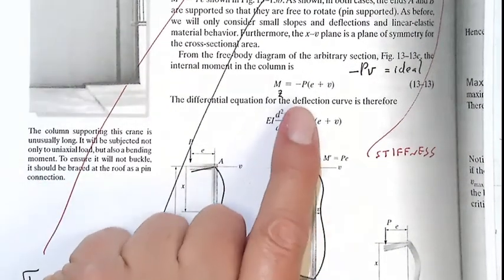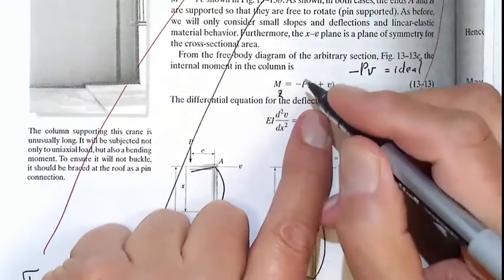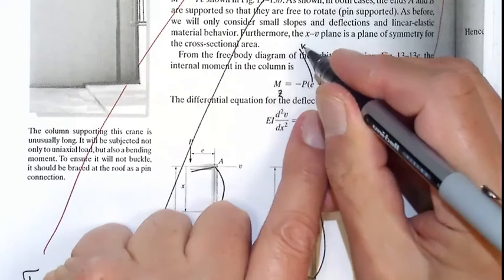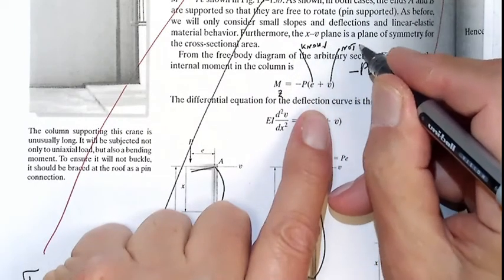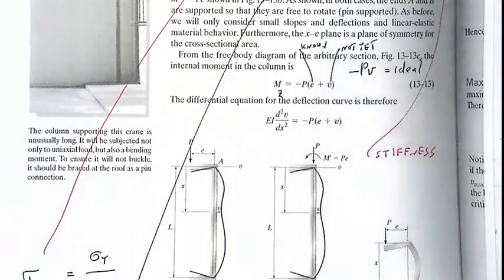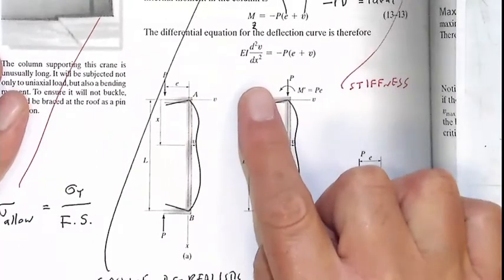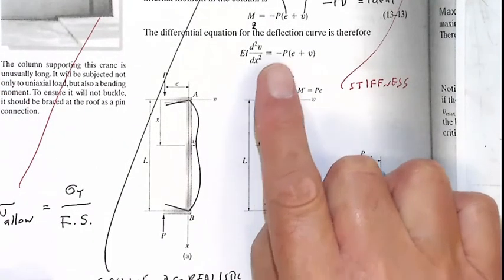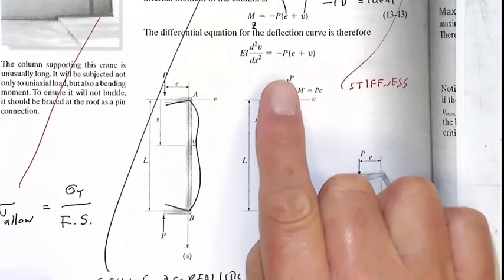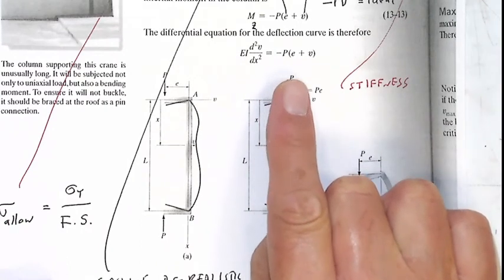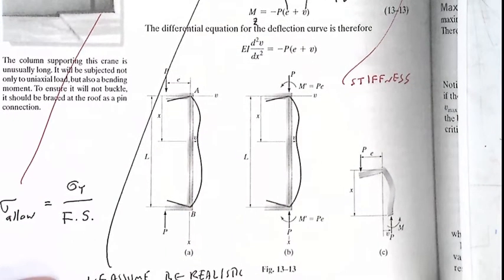So bending moment equals minus P times (e plus v). This is known. This is not yet. Then the differential equation before was EI v second derivative equals minus P v. Now it is minus P (e plus v). Any questions?